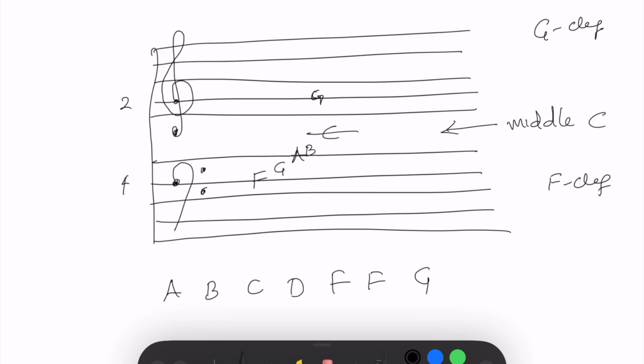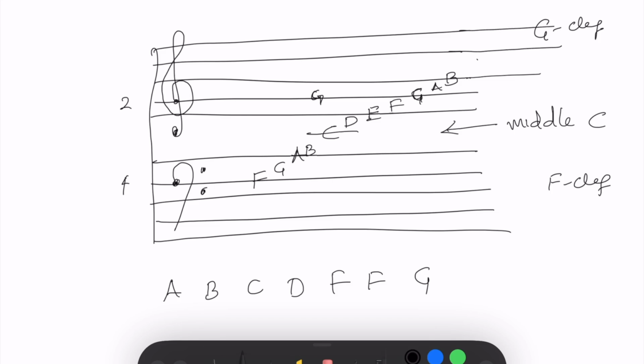So we continue. This will be D, and then E on the line, F in the space, G on the line, just like we have it here, and then A on the space, B on the line. Let's extend this a little bit.